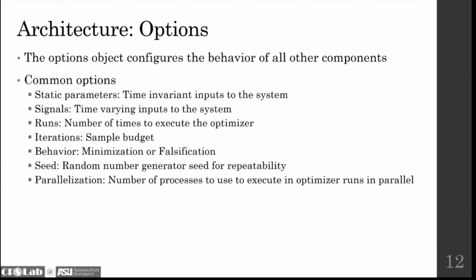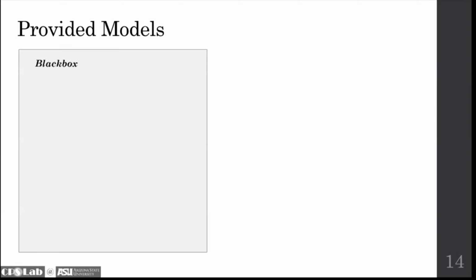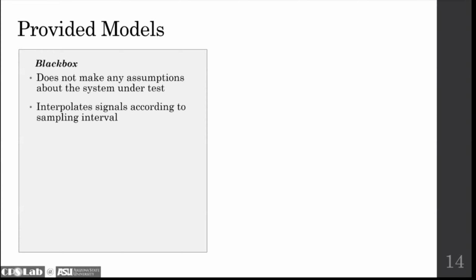Now we will discuss some of the component implementations included with the SciTallyRow toolbox. The SciTallyRow toolbox provides two types of models. The first model is called a black box model. The black box model does not make any assumptions about the underlying system that it represents. The black box model interpolates the signals according to a sampling interval.